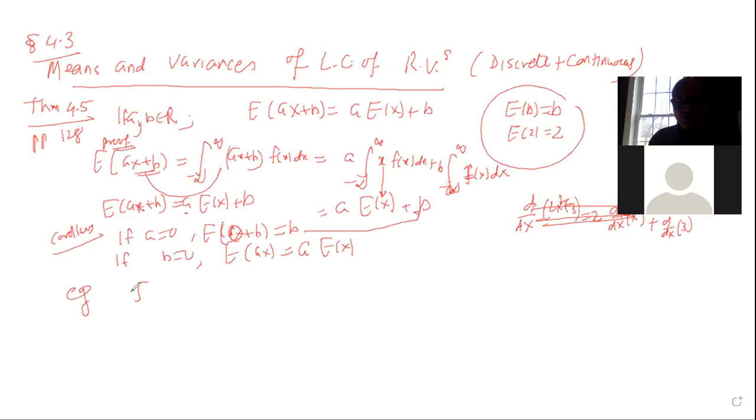Suppose, as an example, my f(x) is equal to 2x minus 1, some linear function, and suppose I want to find the expected value of f(x). That is equal to E of 2x minus 1, which, just by this definition, is 2 times the expected value of x minus the expected value of 1, that is 2 times the expected value of x, as it is.